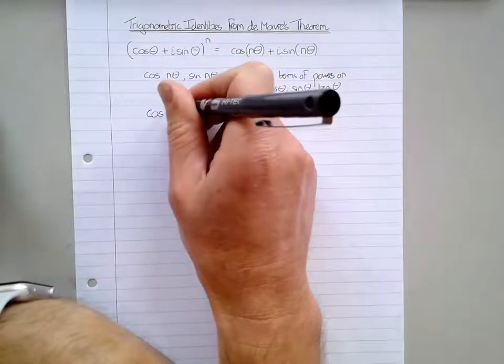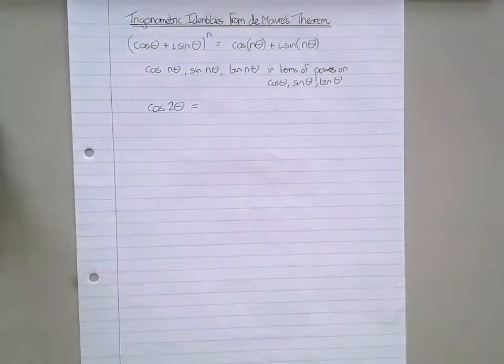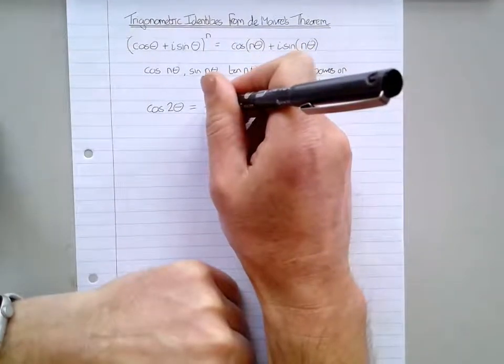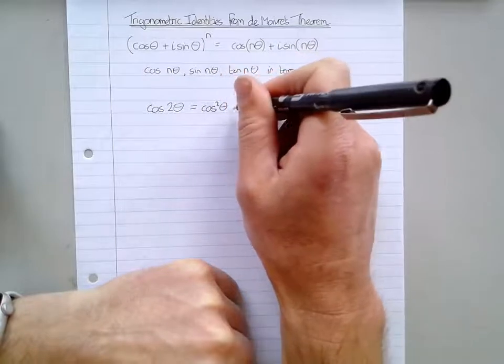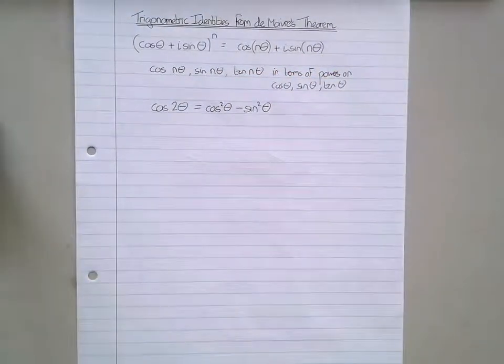You already know, and you will have used this result in polar coordinates, although not actually in this form, that cos 2 theta is equal to cos squared theta minus sine squared theta. Actually, I lied. You have used it in the correct form. I'll explain what I mean in a minute.